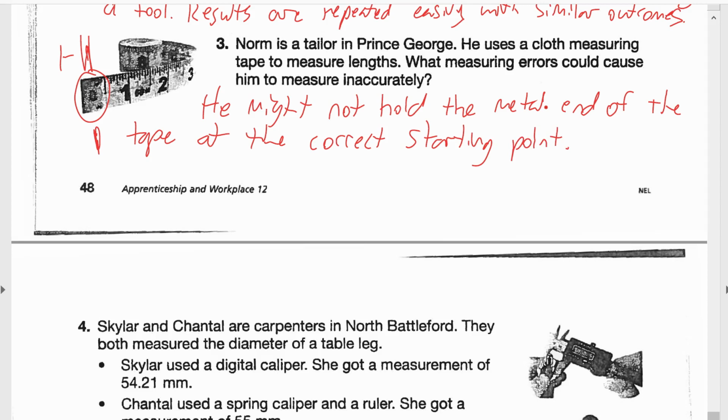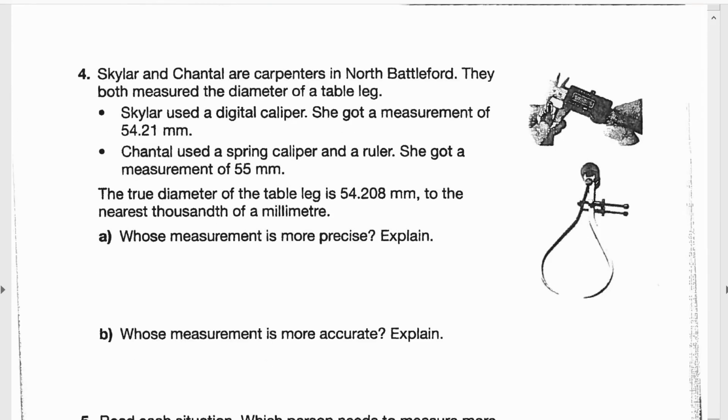Another one is he might not read the measurements correctly due to parallax error. He might not hold the tape taut, or he might stretch or twist it. Those are all valid.